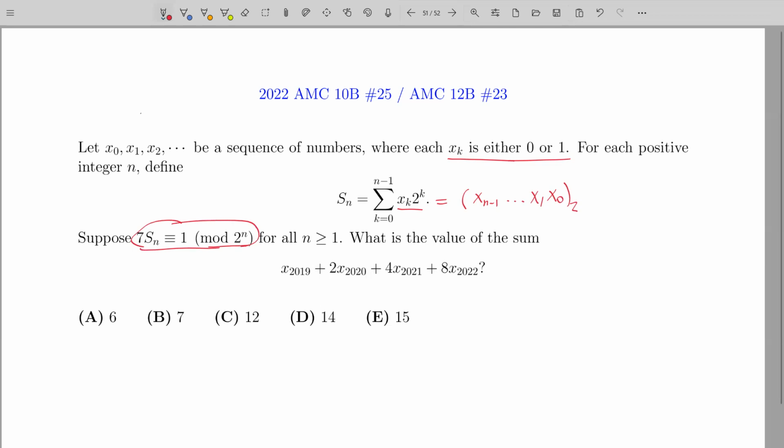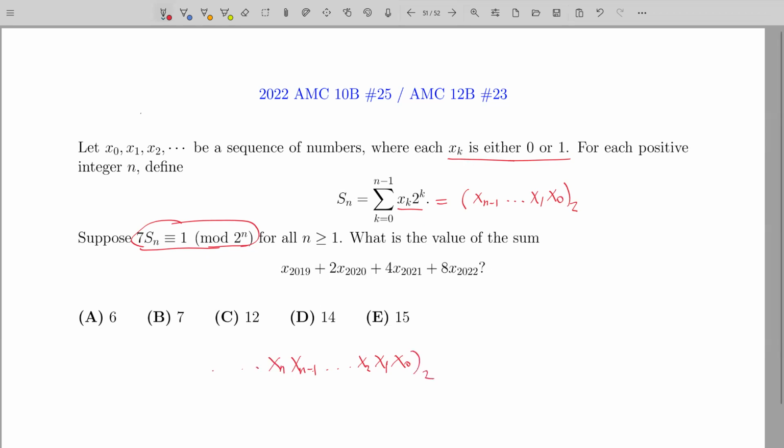This tells us Sn is congruent to 1/7 modulo 2 to the n, but it seems complicated to find what 1/7 is modulo 2 to the n. So let's investigate further. With these Sn's, we observe that the right portion is always the same, and whenever we go from Sn to Sn plus 1, we add one more digit to the left of the number.